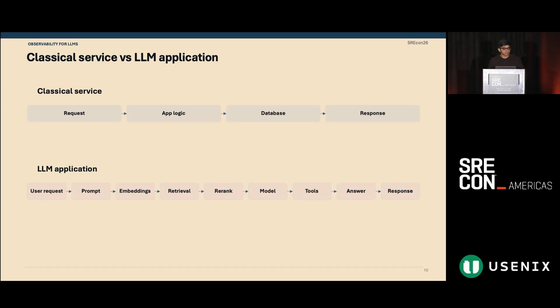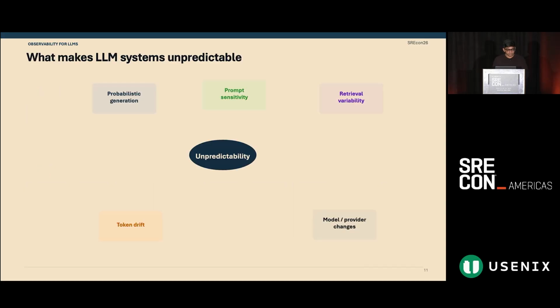And once the database call is returned, the response is returned to the user. However, as we discussed earlier, the LLM application has a long chain of steps that it has to go through, and that also leads to unpredictability in LLM applications.